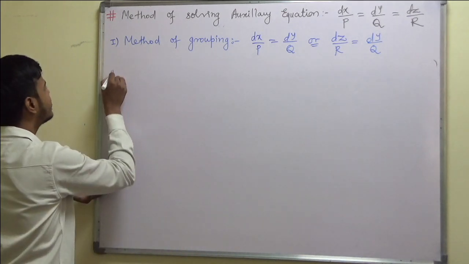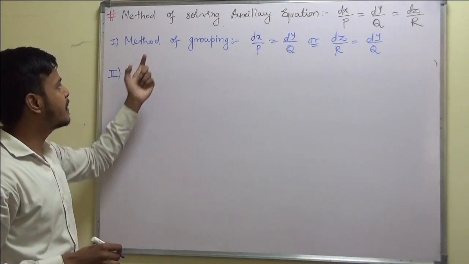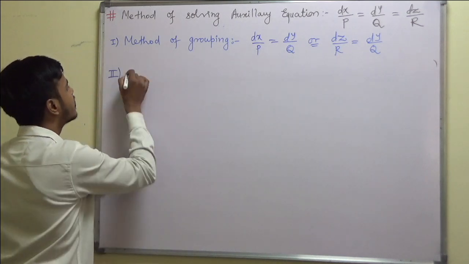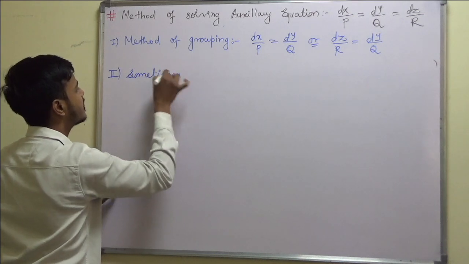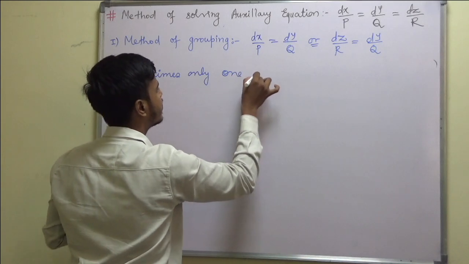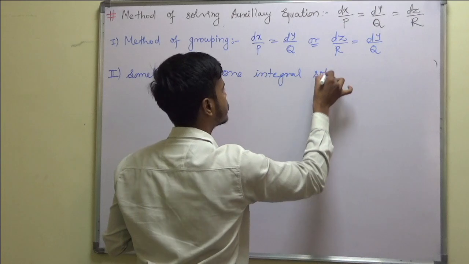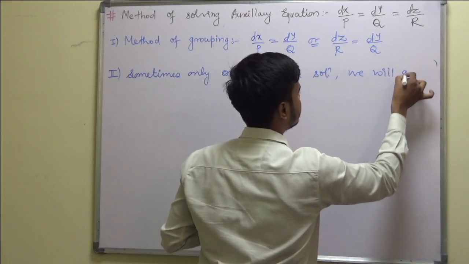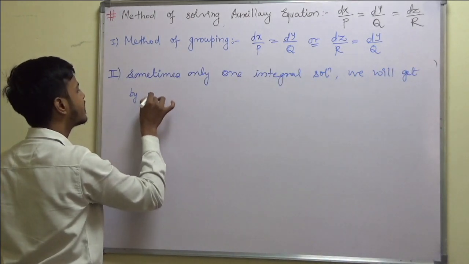Now the second method depends on the method of grouping. Method number two says sometimes we get only one integral solution by method 1.